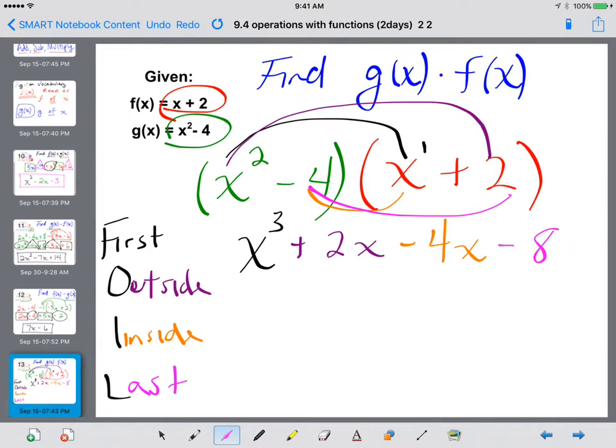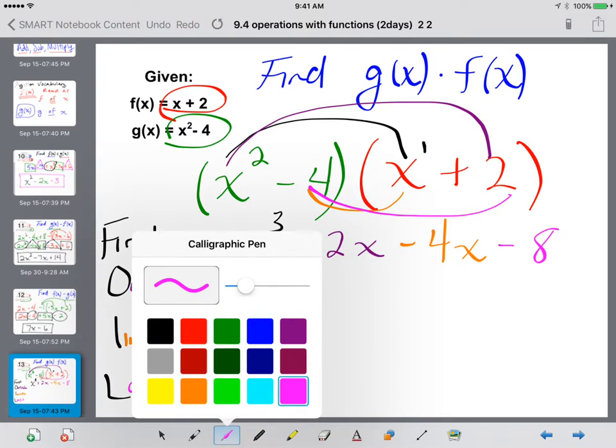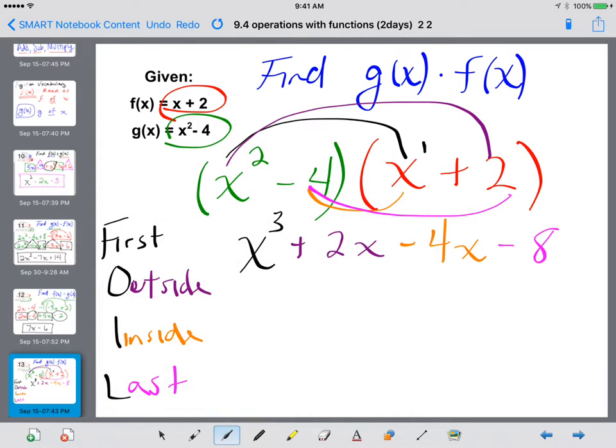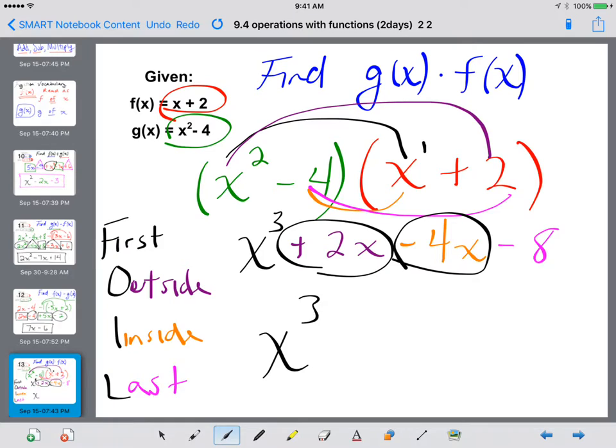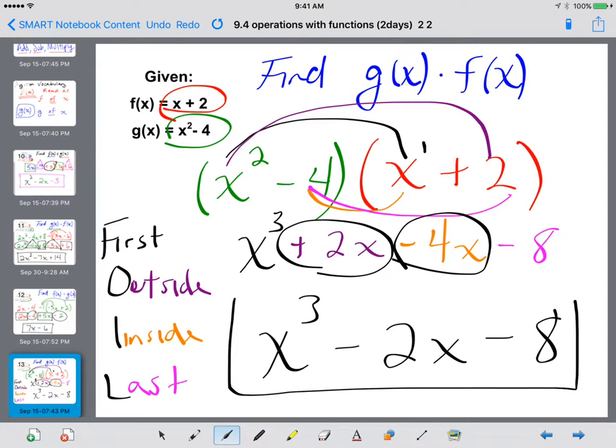After I FOIL, now I combine like terms. So the only terms I can combine are 2x minus 4x. So I'm going to rewrite this as x cubed, 2 minus 4 would be negative 2x, minus 8. So in this scenario, g of x times f of x is x cubed minus 2x minus 8.